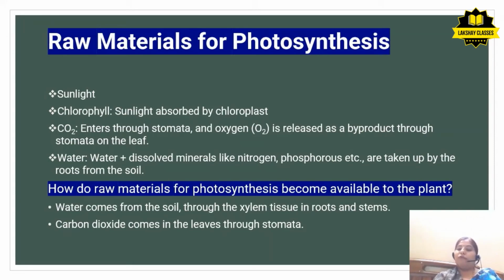So chlorophyll helps in the absorption of sunlight. Therefore, if it is asked in your exam to name the site of photosynthesis, the site of photosynthesis is the leaf. Leaf is also called the kitchen, right? Because food is prepared in the leaves due to the presence of chlorophyll.